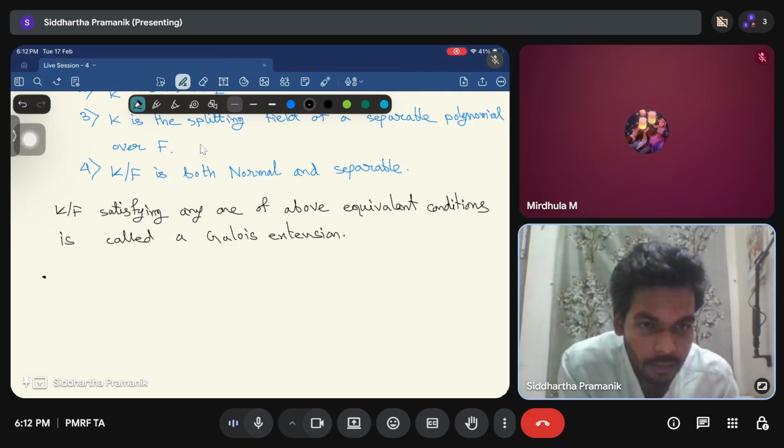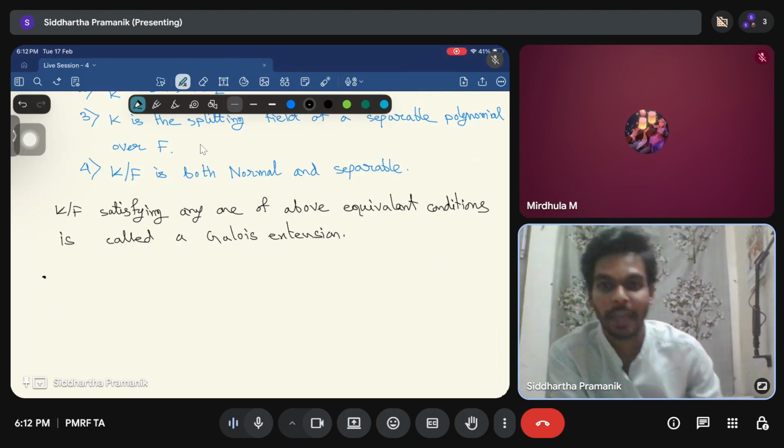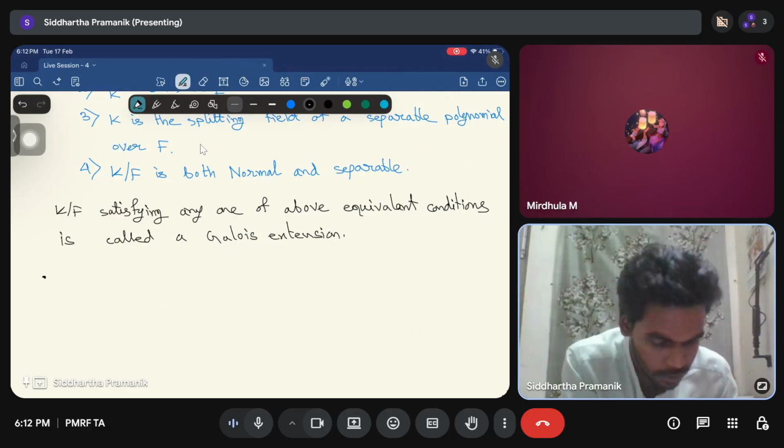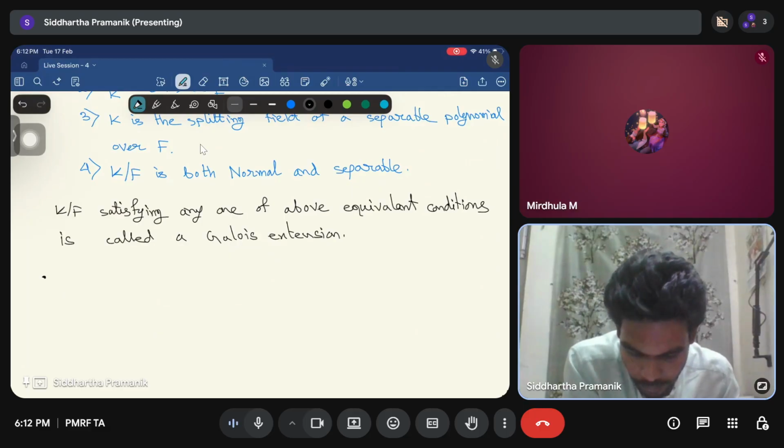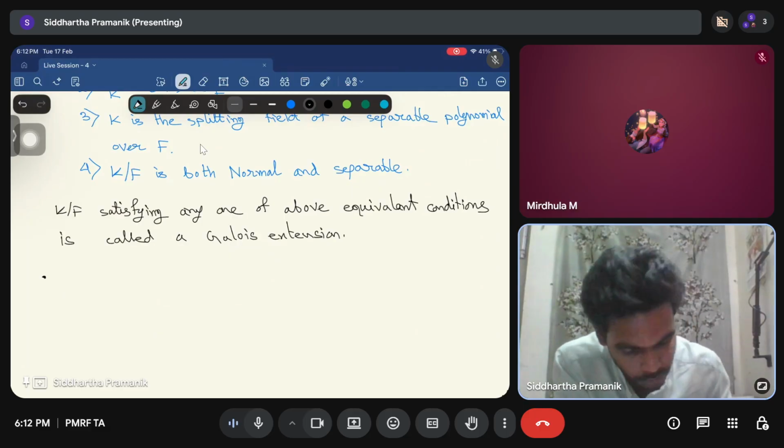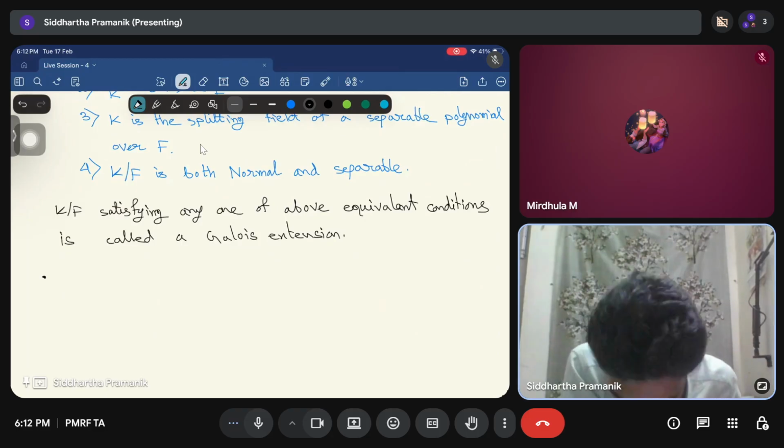Like any finite separable extension can be extended to a Galois extension, and using that we can define the Galois closure. So first, let me write down this.